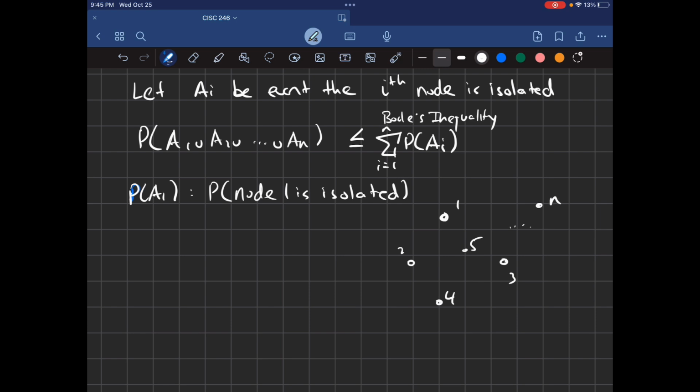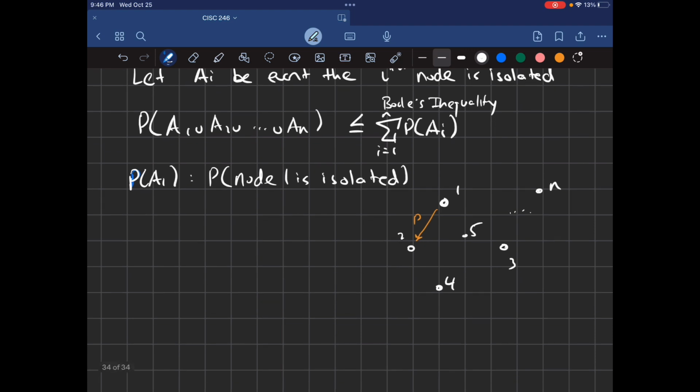And you're going to go to each one of these and you're going to say, okay, do I have an edge connecting myself with node 2? And remember that an edge is formed with probability p, and it's not formed with probability 1 minus p. So 1 going to 2, you can either say yes edge or no edge with node 2. And remember, you form an edge with probability p, which means you form no edge with probability 1 minus p.